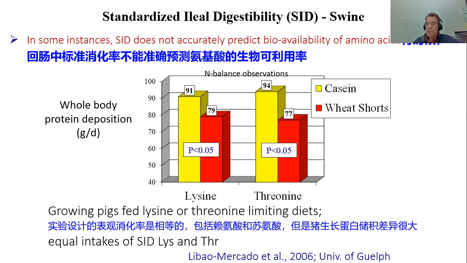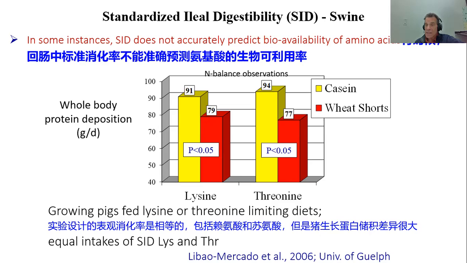around the world. They formulated feed on a standardized ileal digestibility basis, so they standardized all the nutrients on that basis, making sure that the lysine requirement was met and the threonine requirement was met in both cases. Actually, they found that formulating the feed on the same standardized ileal amino acid digestibility, or digestible amino acid content, could result in different performance.